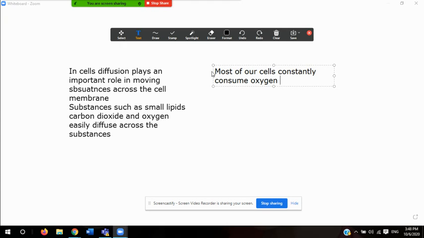And this means that oxygen concentrations are higher outside of the cell than inside of the cell.